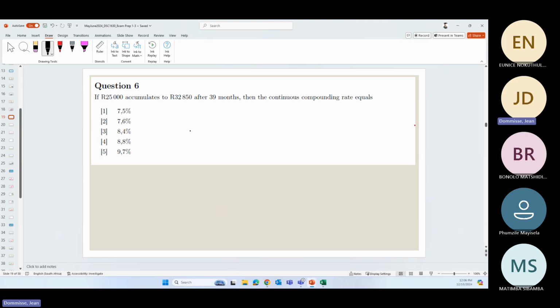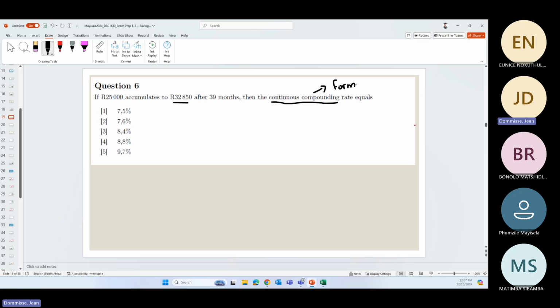Question 6. So if 25,000 accumulates to 32,850 after 39 months, then the continuous compounding rate. Okay, so again, continuous compounding, we will need to use a formula.